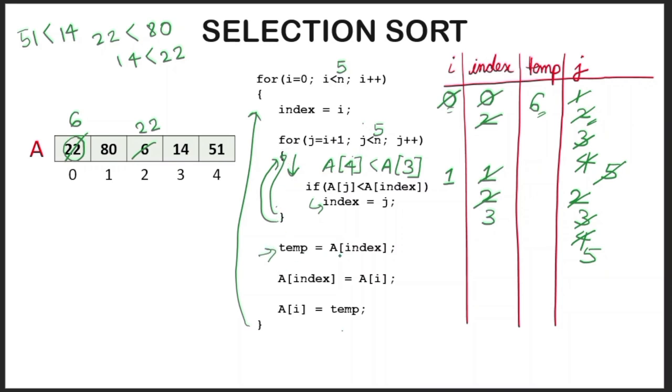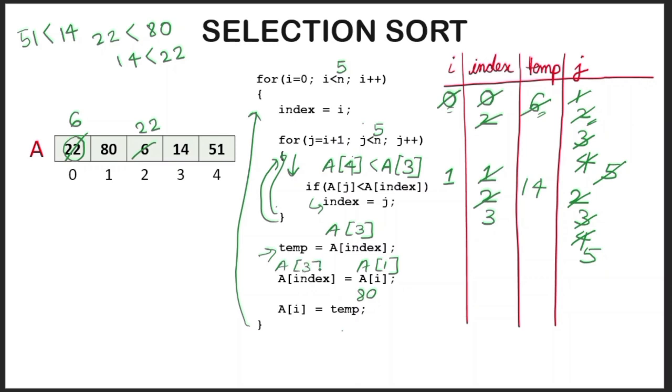Now here temp is equal to a of index. What is index value? A of 3. So what is in a of 3? 14. It is given to the temp. So now you have temp value 14. Now a of I. What is a of I? A of 1. What is a of 1? 80. 80 is given to a of index. What is a of index?